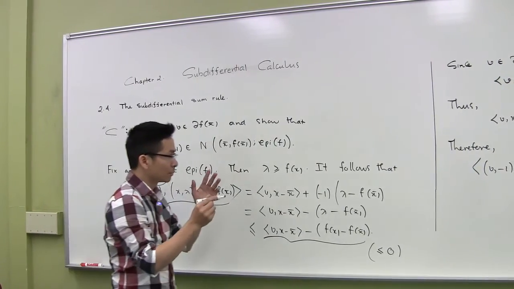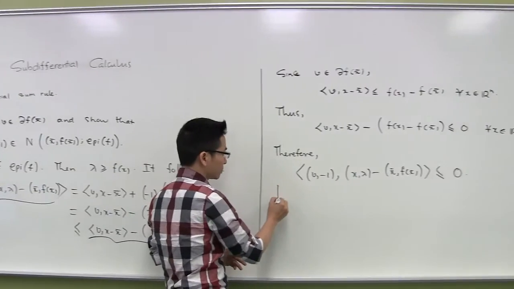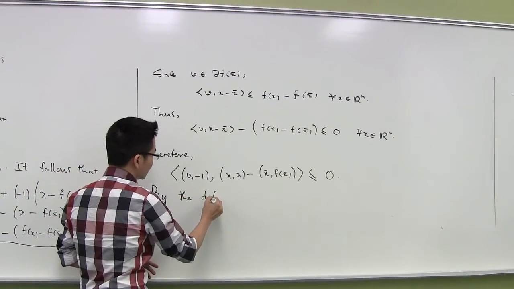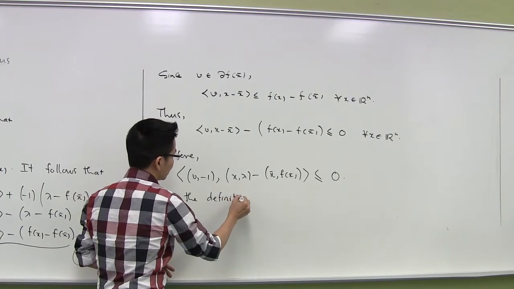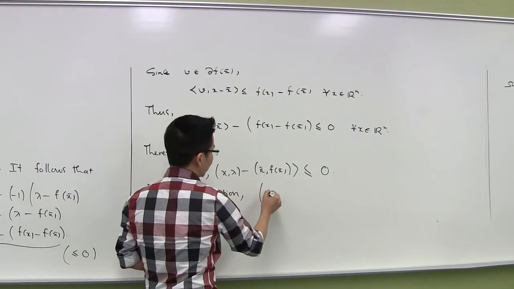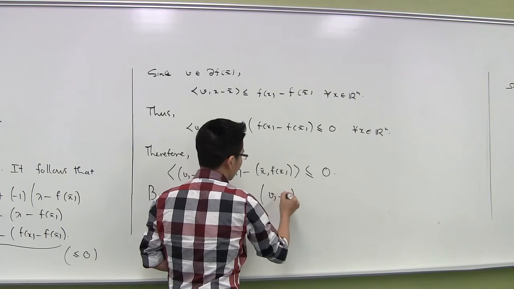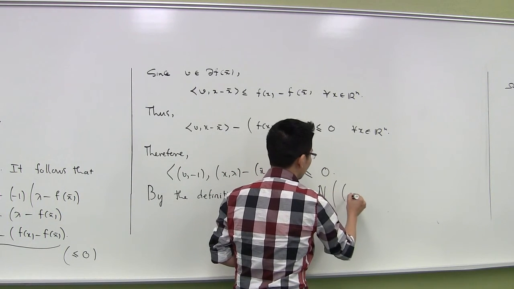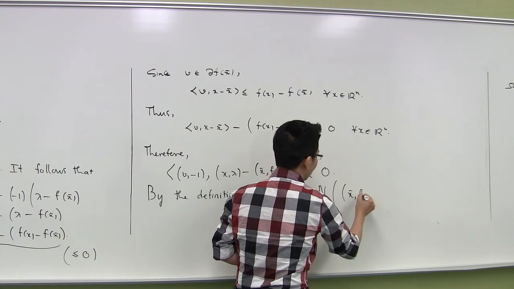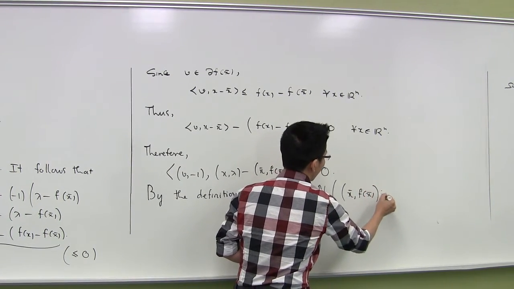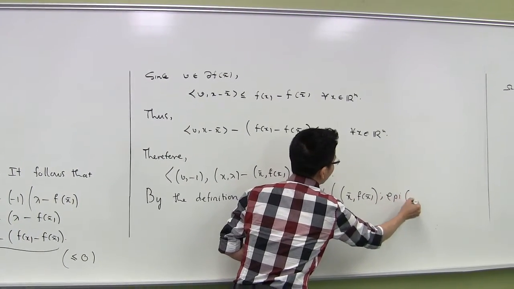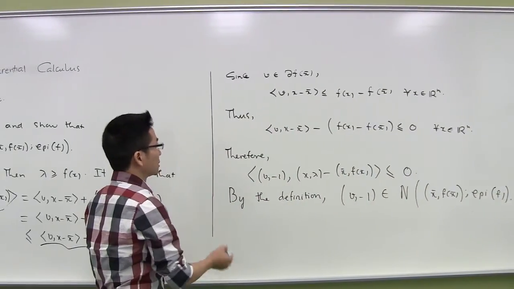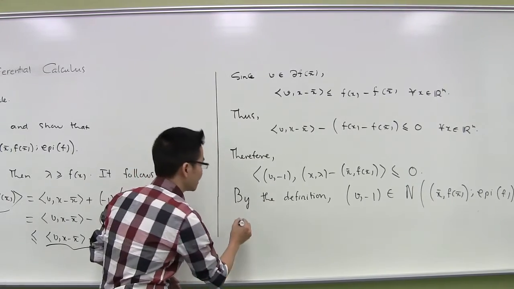Okay, so by the definition, v minus 1 belongs to the normal cone to the epigraph of the function at x bar, f of x bar. Okay, and so the proof is now complete.